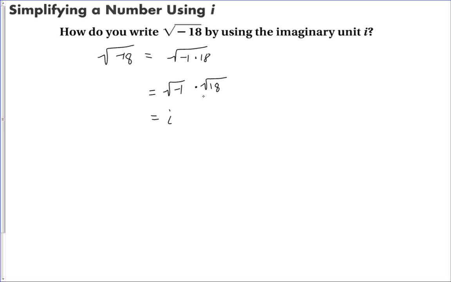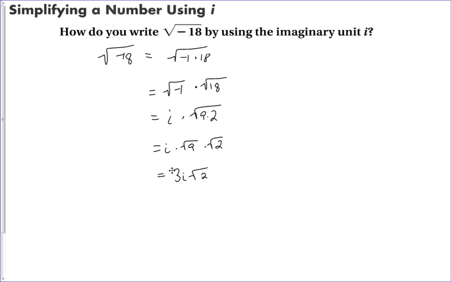And we know that the 18 can be broken down into 9 times 2, which is i times the square root of 9 times the square root of 2. The square root of 9 is 3. So therefore, this can be written as 3i times the square root of 2.